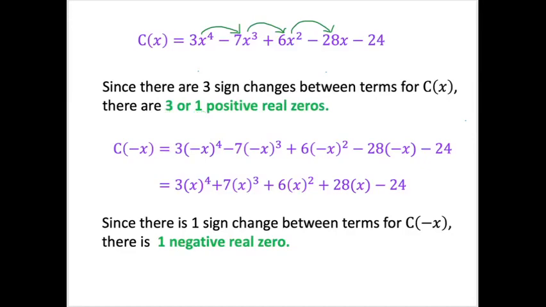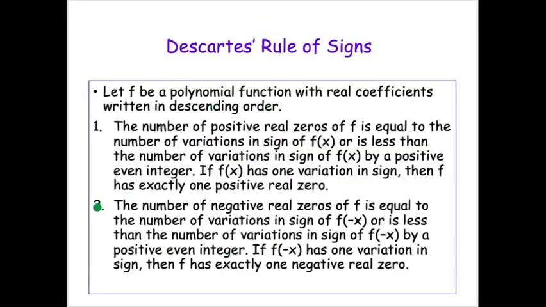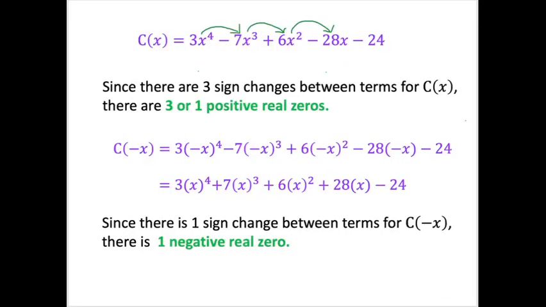Now, let's find out the number of negative real zeros of f. The number of negative real zeros of f is equal to the number of variations in sign of f of negative x. So we want to count the number of variations in sign of c of negative x here. That means that we need to run a negative x in here. Now, it's pretty simple to simplify this. You have negative x to the fourth. If I take a negative and raise it to an even power, it becomes positive.